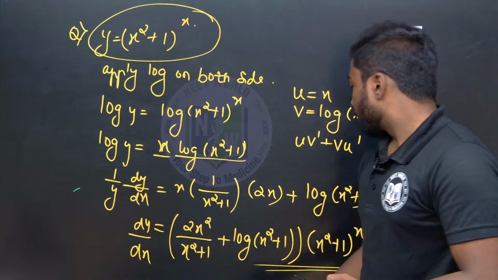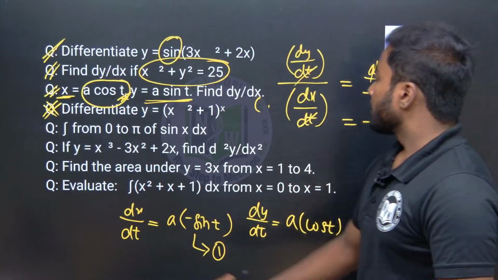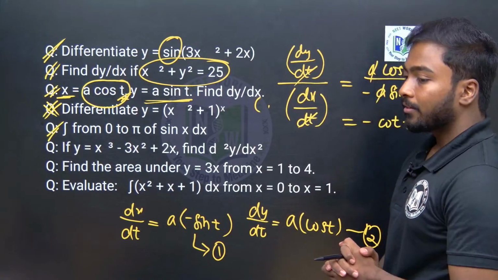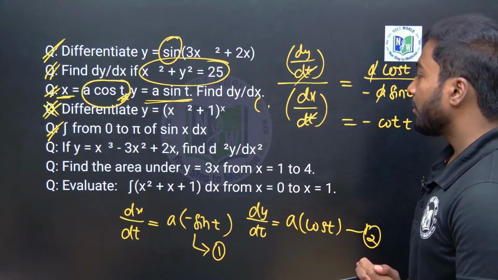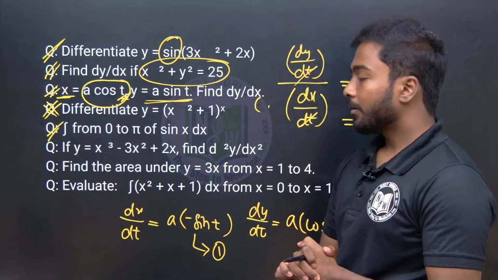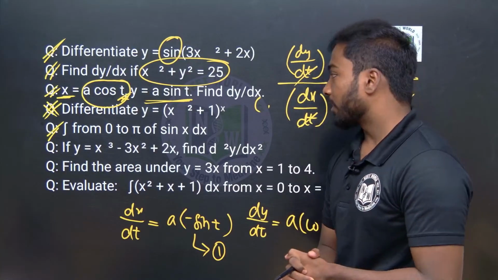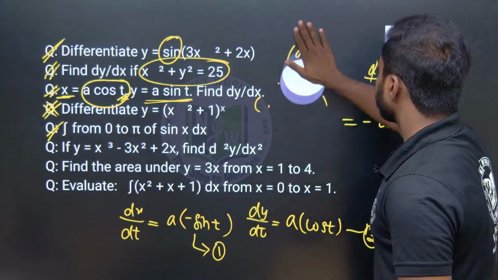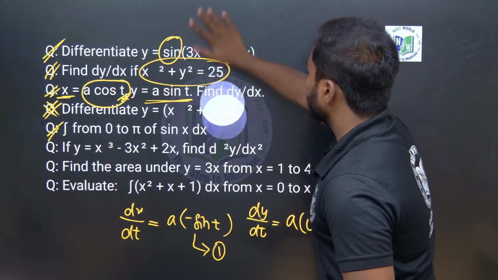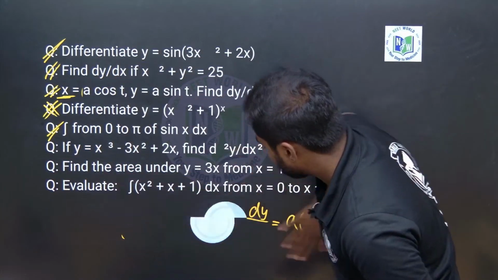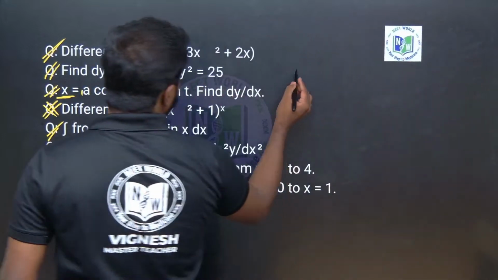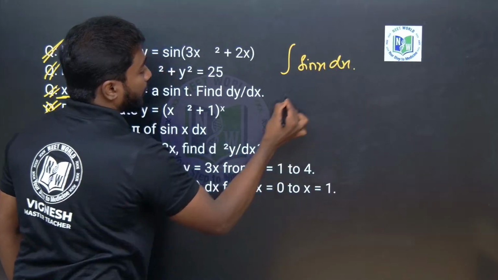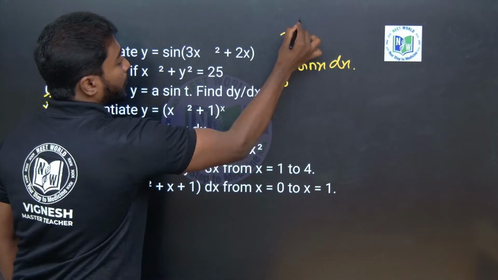Yeah, you can do the next question. So integral of sin x dx from 0 to pi. What is the integration of sin x? Minus cos x. So I need to apply limits from 0 to pi.